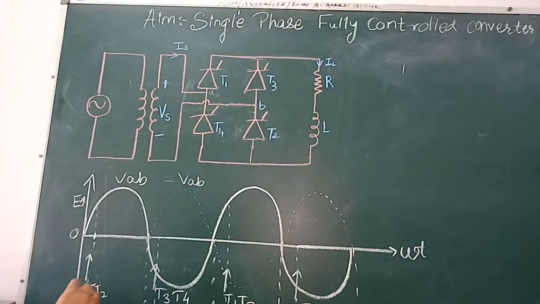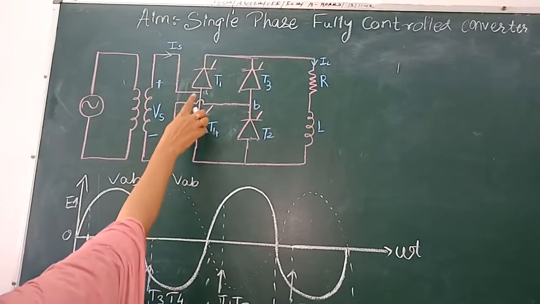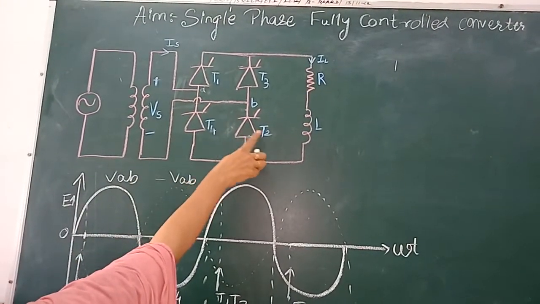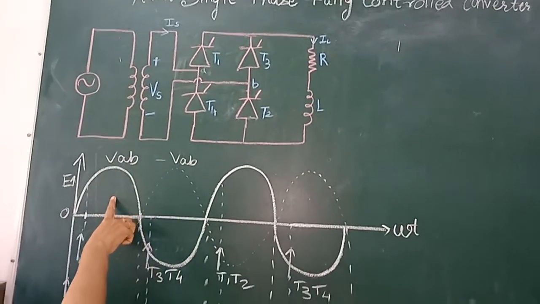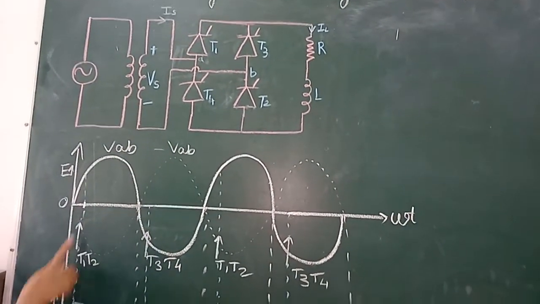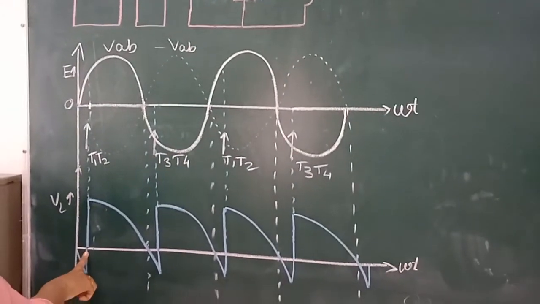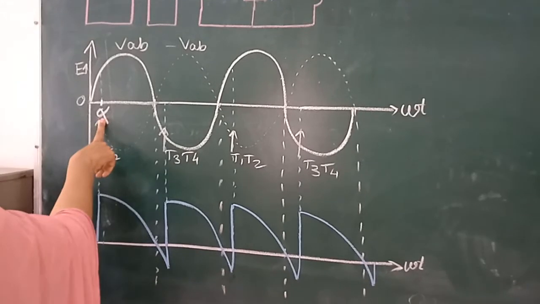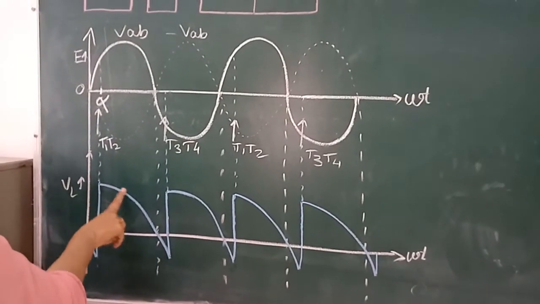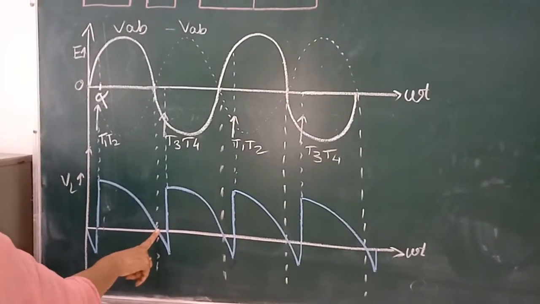As we can see, when T1 and T2 are conducting, the output voltage will be equal to the supply voltage, which is Vs. So when the firing angle is alpha, T1 and T2 are fired at alpha degree, and the output voltage is equal to the supply voltage.